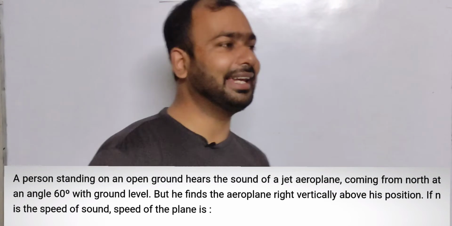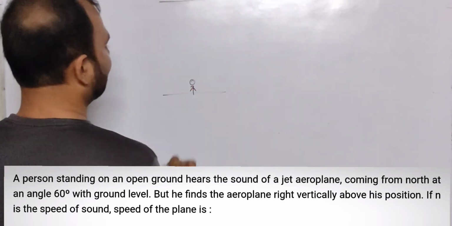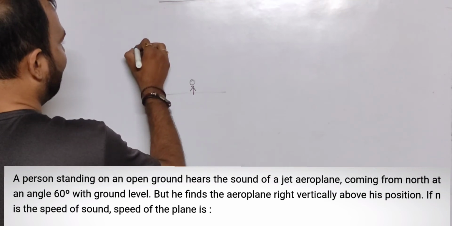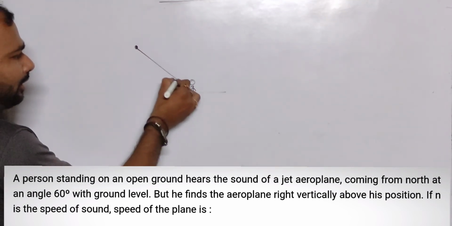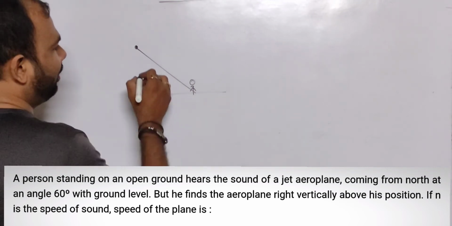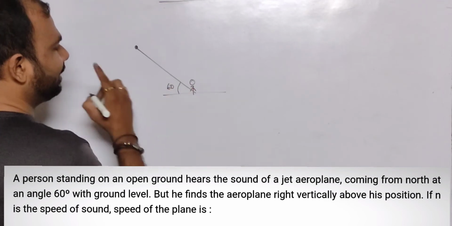The next question on your screen. A person is standing on the ground and hears the sound of a plane over here. It creates an angle of 60 degrees. When he hears the sound, he realizes that the plane is at 60 degrees.